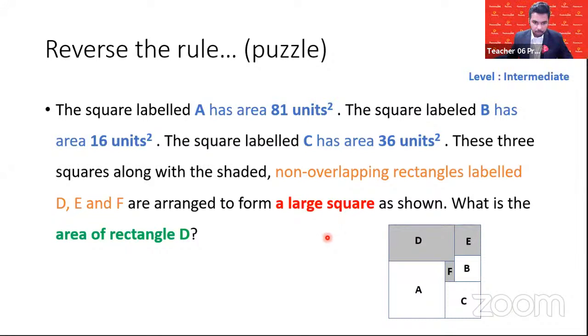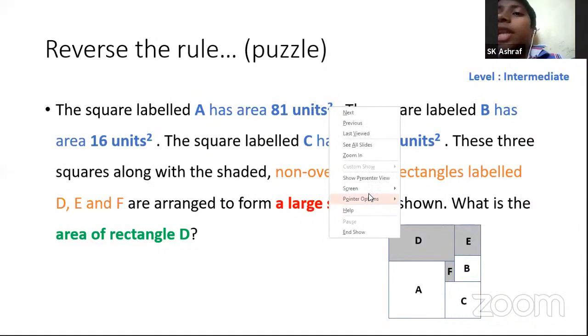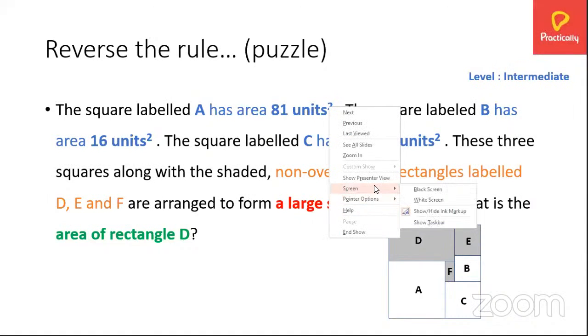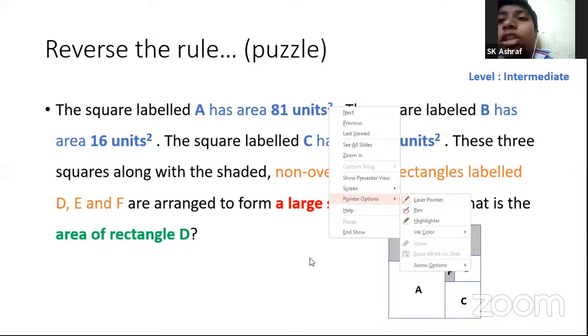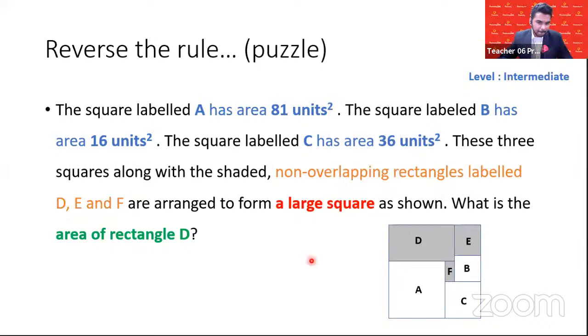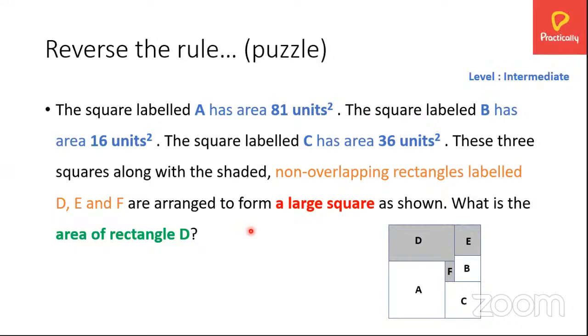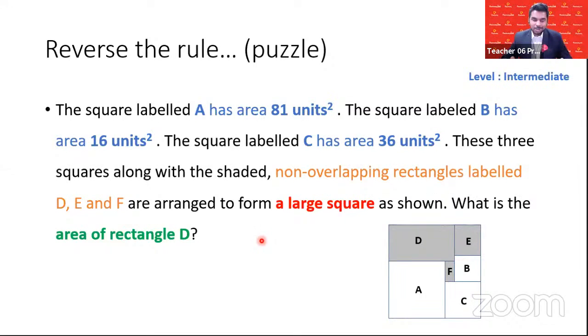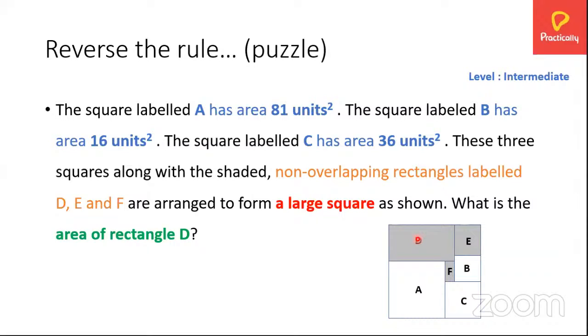Sir, I don't understand this sum. Yes, I'll explain. No, you are not required to multiply all these numbers. You just have to find the area of this rectangle D. Yes, sir, the area we have to find.